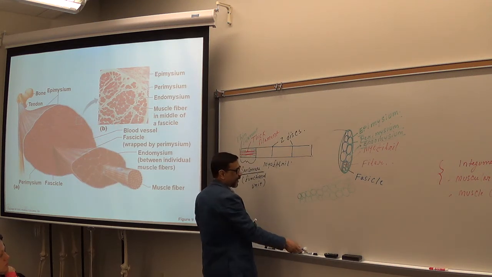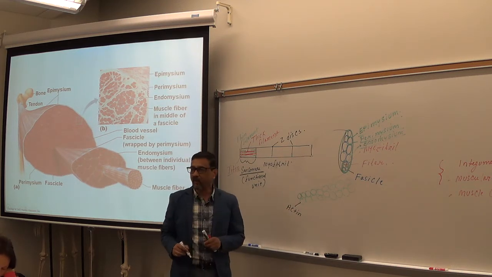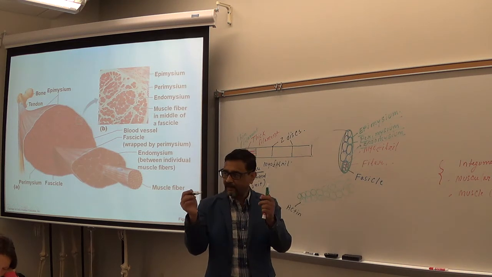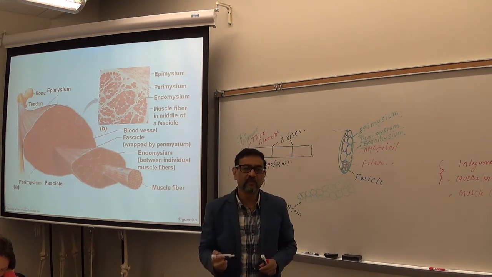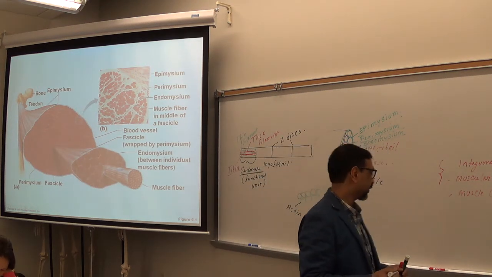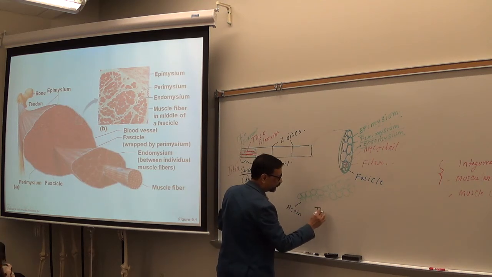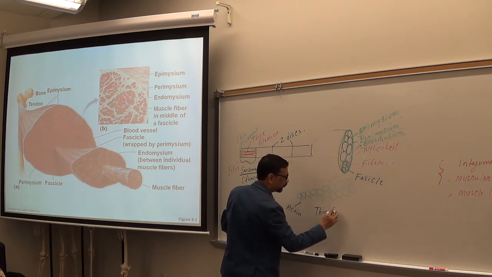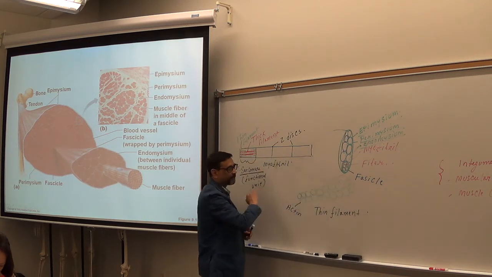These are called actin. Many actin balls get attached to each other to form how many chains? Two. Okay? So a double chain structure is the thin filament. Is it clear?